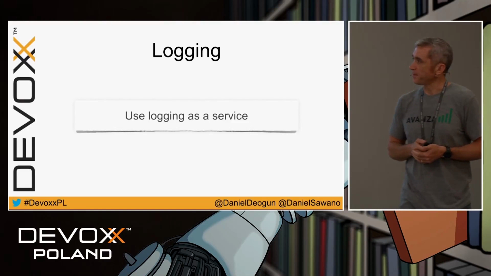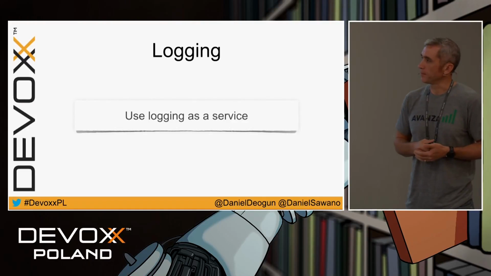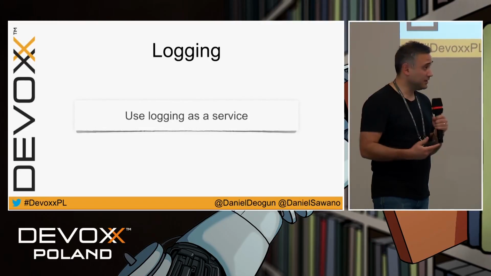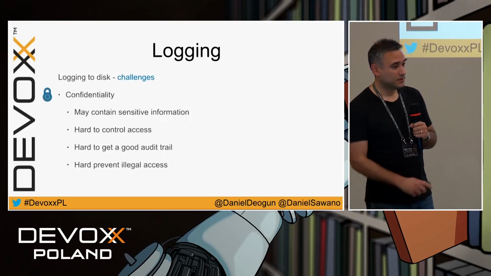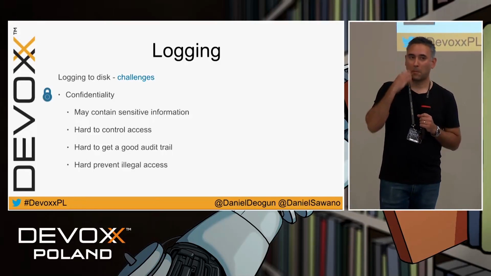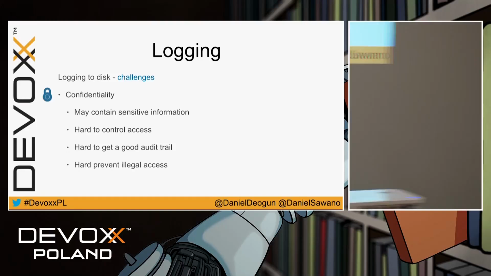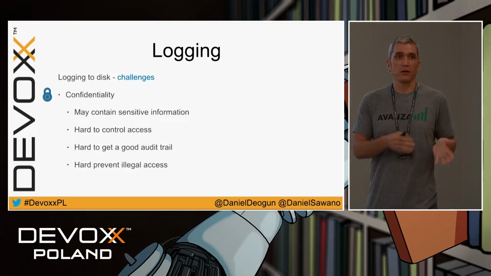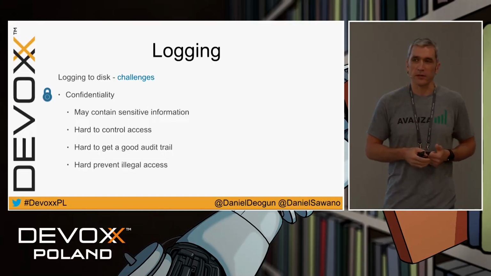Okay, so for the sake of argument, let's pretend that we are logging to a file on disk, and we put our CIA glasses on again, right? Exactly. So what about confidentiality? Well, we're in Europe, so pretty much everyone here knows about GDPR, which means basically you need to know what data is sensitive, and if you have sensitive data, you need to treat it certain ways.